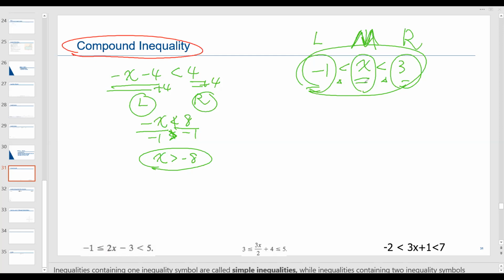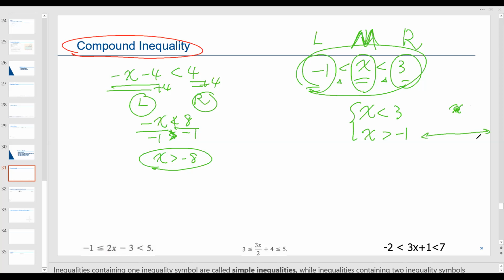Actually, this is a combined situation. Say you find a number, this number is less than 3, and at the same time this number is greater than -1. This is a combined situation. So x less than 3.